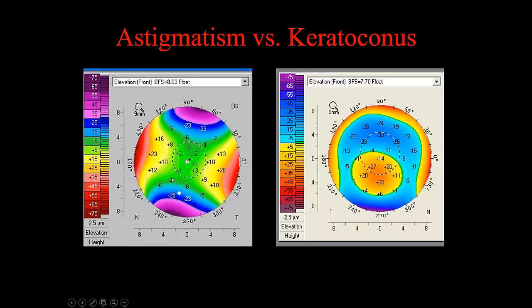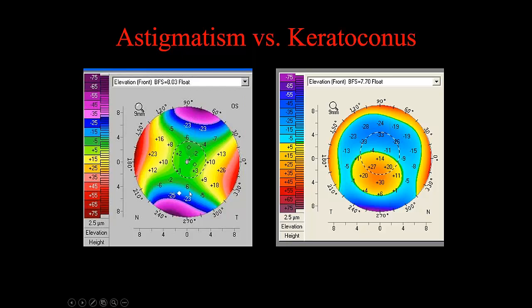The picture on your left here is a normal astigmatic pattern. Very often people will send maps and be concerned about these numbers and ask, is this abnormal? I have a plus 26 over here. The first thing you should ever do when you look at an elevation map is look at the pattern.